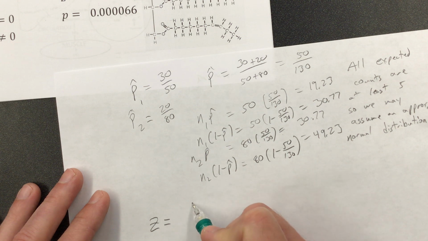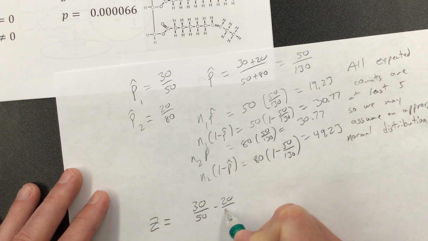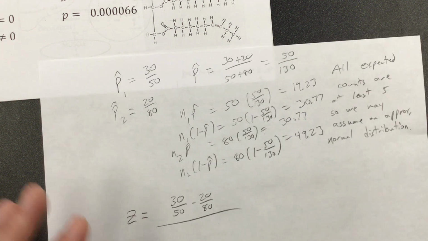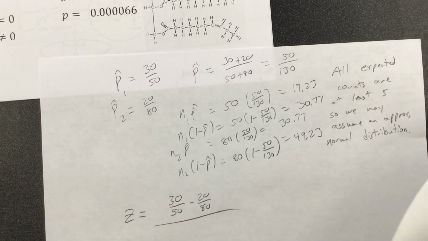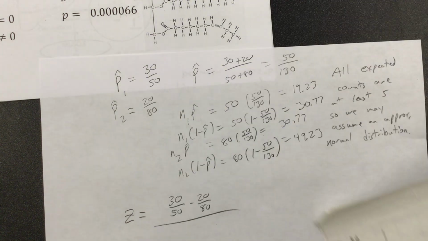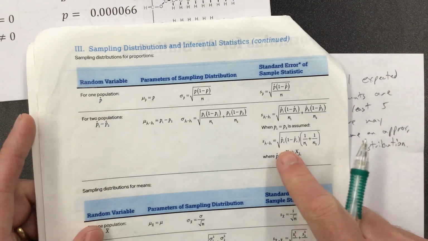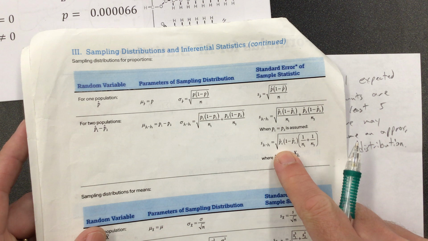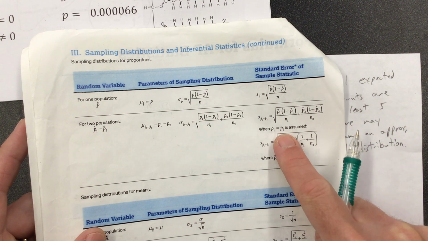Okay, so the difference in our proportions. Okay, and your formula. We've got a pooled problem, right? Because we assumed they're equal.